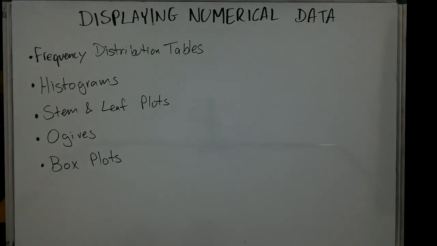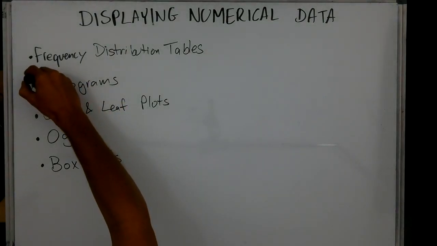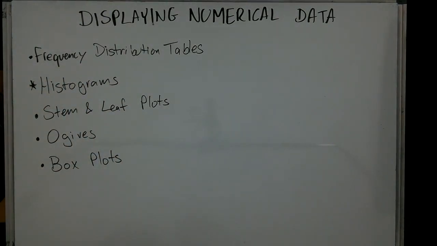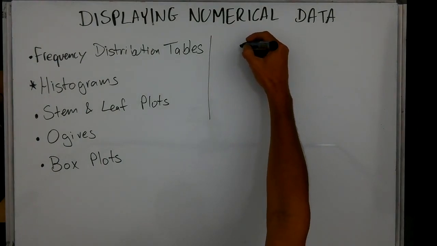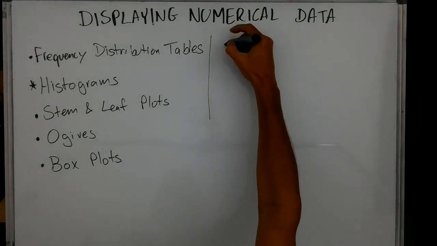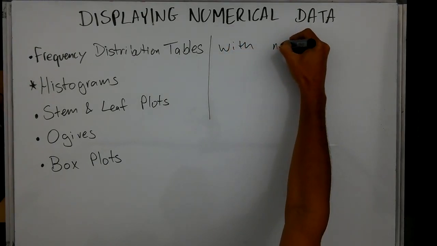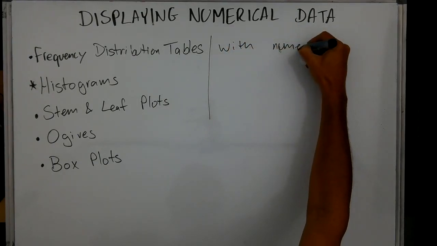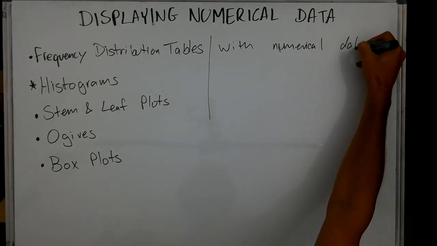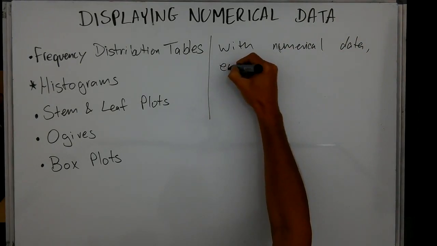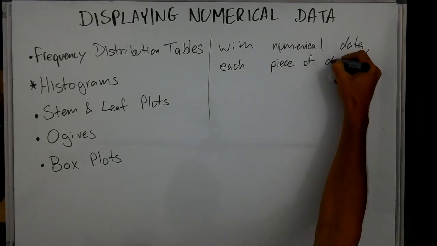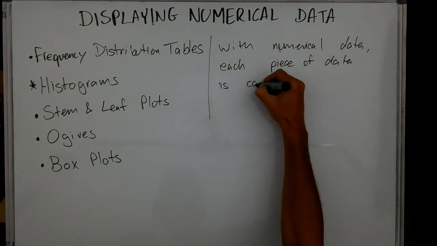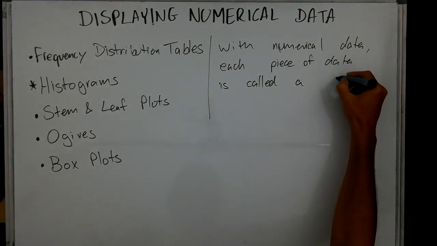Okay, so we're going to focus on this one today. When we have numerical data, each piece of data is called a score.